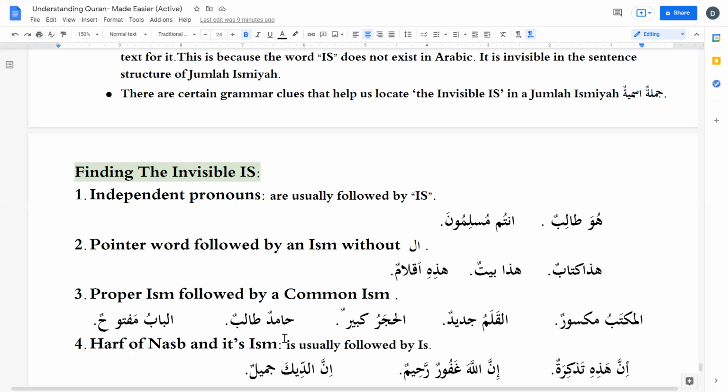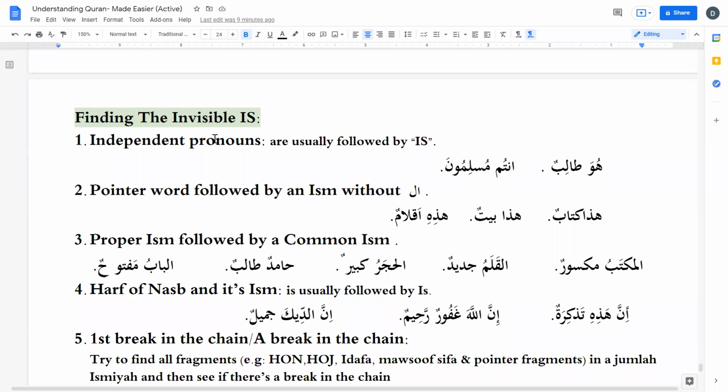Hamid is a student. So Hamid, again isme alam, proper ism, and then common, talibun. Al-babu maftuhun, the door is open. So again, proper and then common. Okay, so "is" comes after the proper ism, which is followed by a common ism.